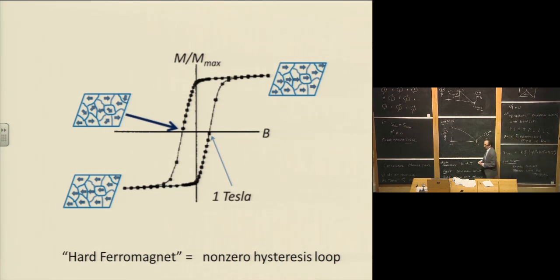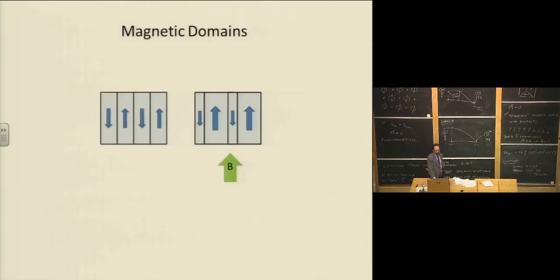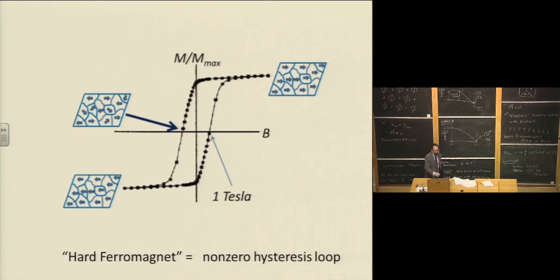And we explained how you could get hard ferromagnets by pinning the domain walls, but you can also think about getting hard ferromagnets from having lots of little crystallites, and in order to push the crystallites to flip over, you have to give them some coercive field. You have to give them a finite magnetic field in the wrong direction, or in the opposite direction, to get them to all flip over. If you just give them a small magnetic field in the other direction, they don't flip over. And this is what gives these magnets hysteresis loops.